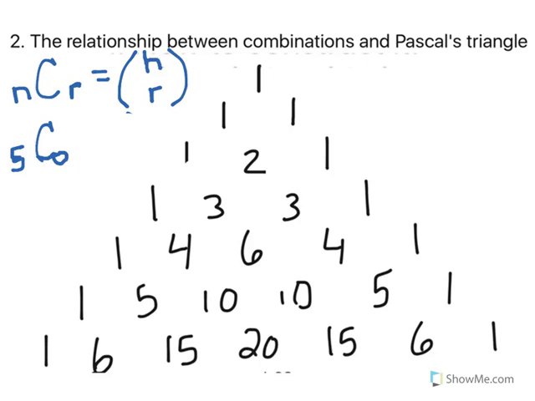So here we start counting our rows, and we start with 0. 0, 1, 2, 3, 4, 5. And then we start counting in from 0. And here is 0, and that represents the columns. Okay, so 5 combination 0 equals 1.